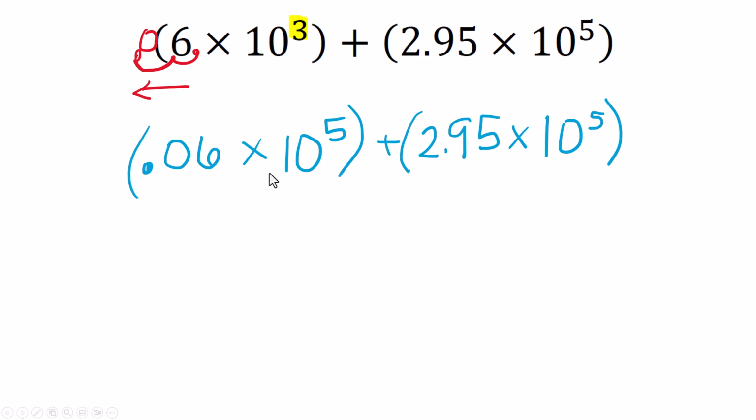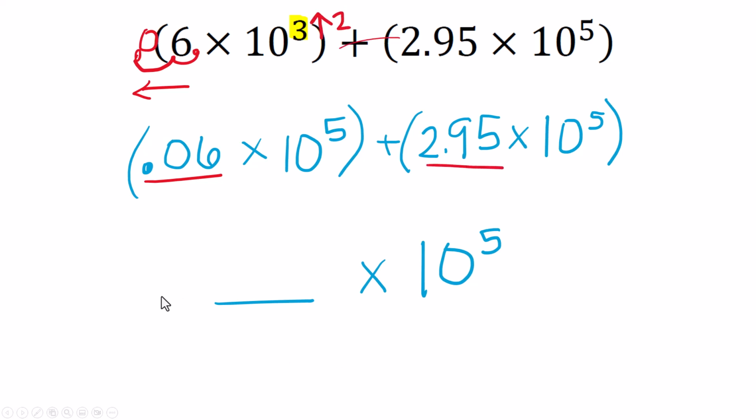Now I know they're all matchy-matchy, so my answer will have that same power of 10, and all I need to do is add these front numbers. And we're going to get 2.95 plus 0.06 is going to give me 3.01.